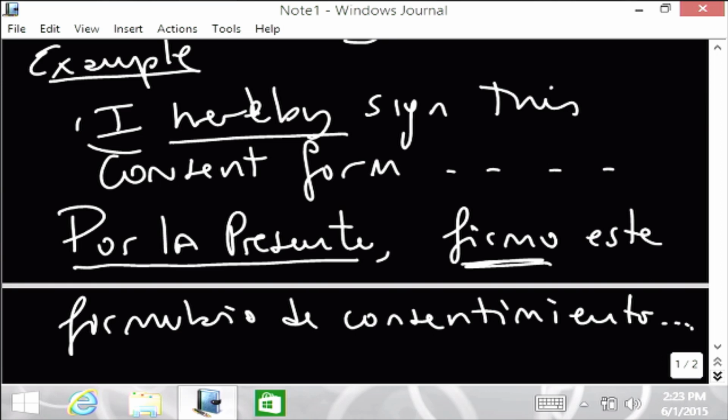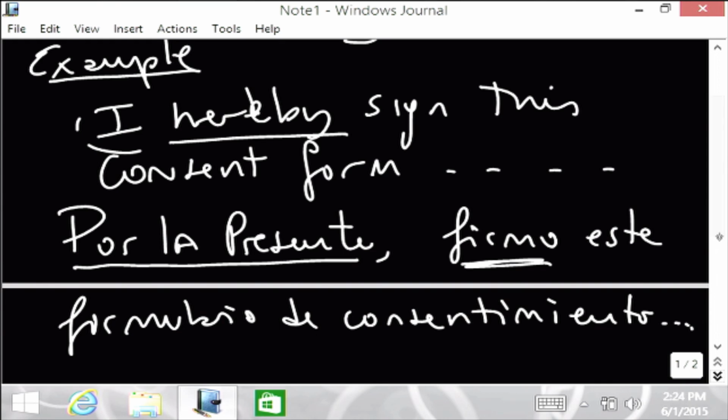So it's common in Spanish not to put the pronoun when the verb clearly tells you what the pronoun is. It's considered not very elegant and formal. As a result, that could carry some deductions in your exam, particularly if you do it on a consistent basis throughout the exam. So it should be "por la presente firmo este formulario" instead of "yo firmo."